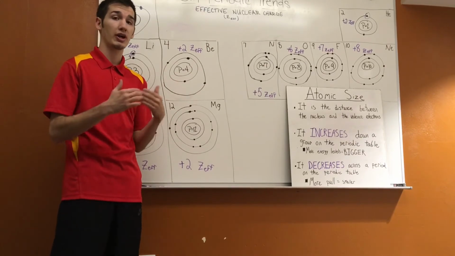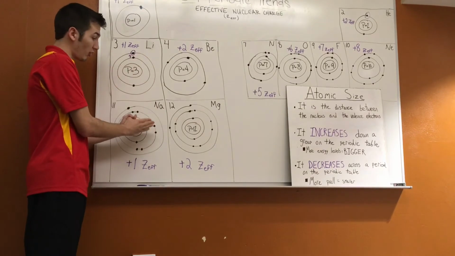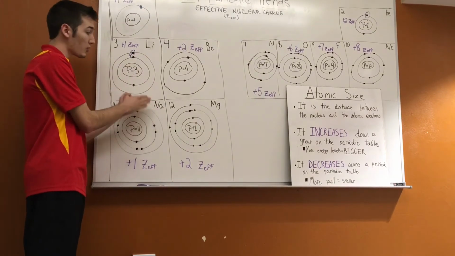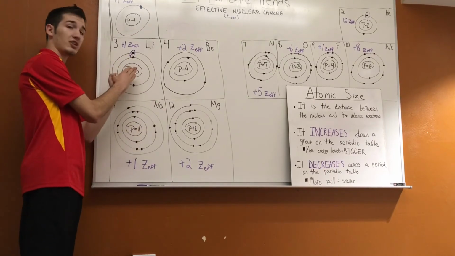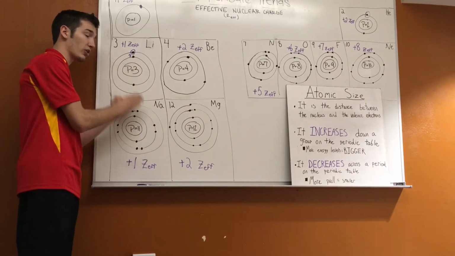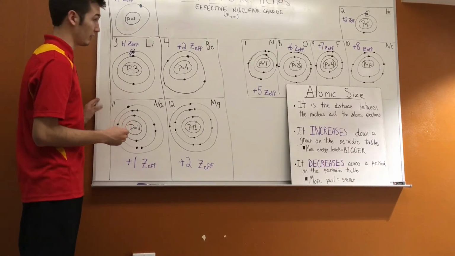So if we compare lithium and sodium, even though they're in the same group, sodium is going to be bigger than lithium because it has more energy levels. That's your trend as you go down.